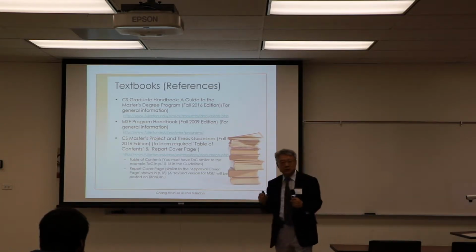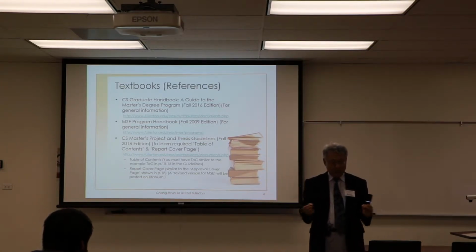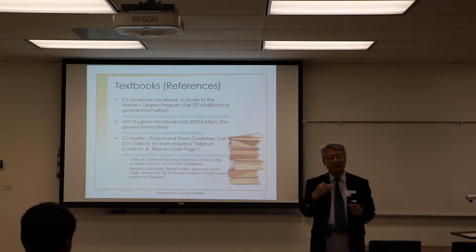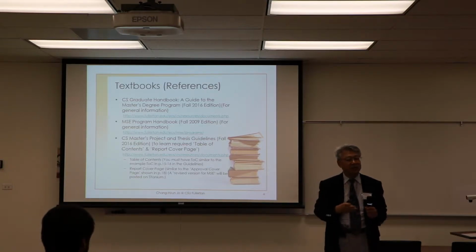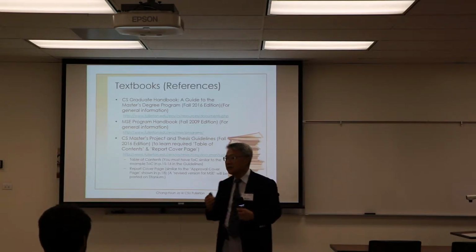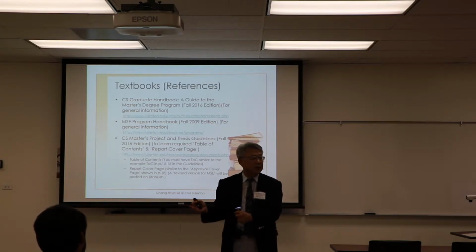When you submit your report, you should have the formal cover page, okay? And you should have a certain table of contents minimally suggested in this guideline. The guideline tells you the different types of table of contents for the research-oriented project and the development-oriented project.